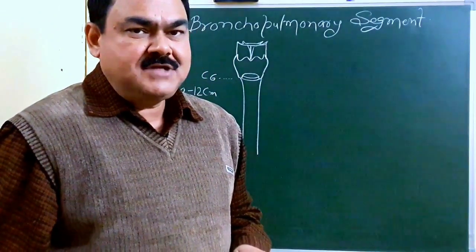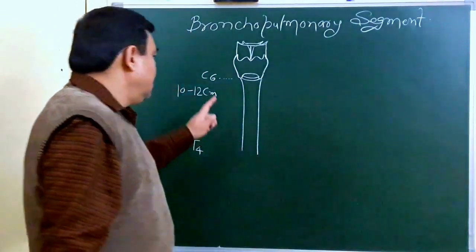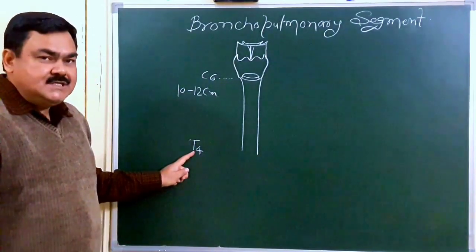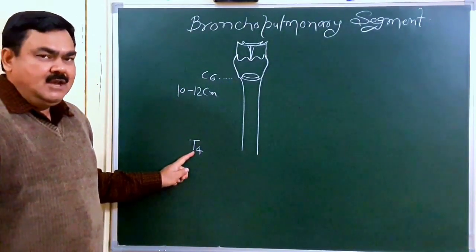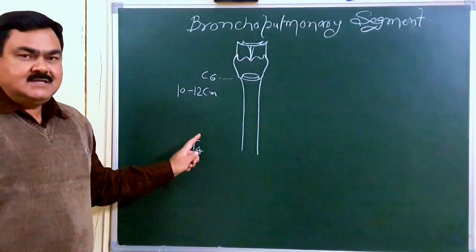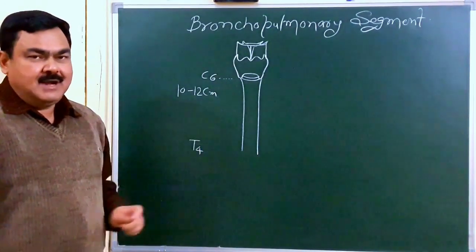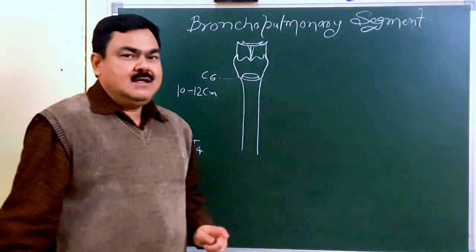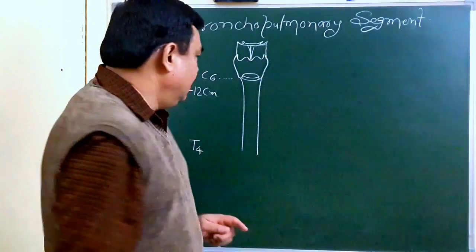In standing position, it may extend up to T6 vertebra. In infants, it extends up to T3 vertebra. This T4 level is the level of the sternal angle.